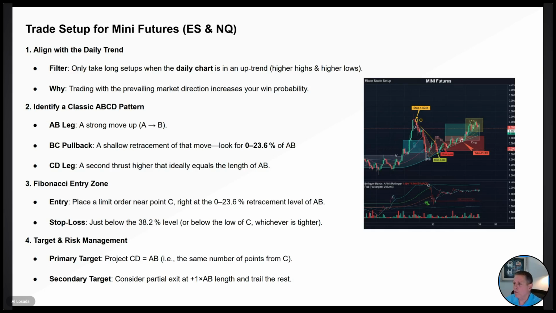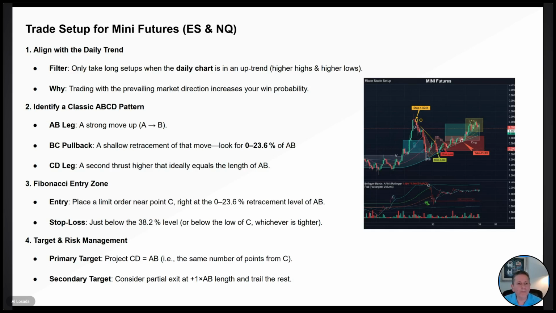One of the best ways to do this is using the ABCD pattern. Okay, and it's all based on fibs. Once you start doing this, you'll understand, and you'll basically measure where the positions are, and eventually you see it happening, and then you can get in and get out once you get that experience.